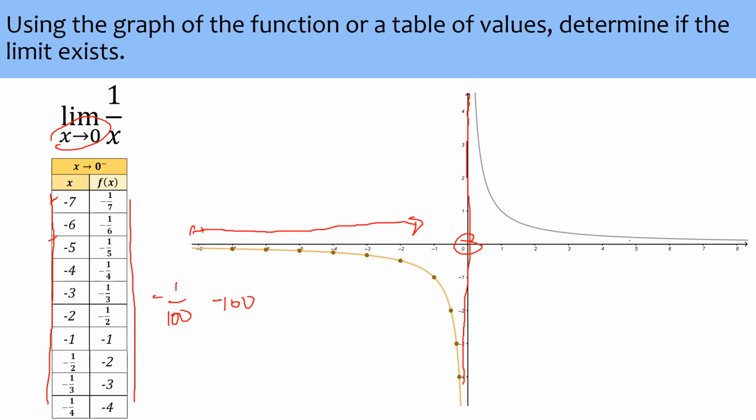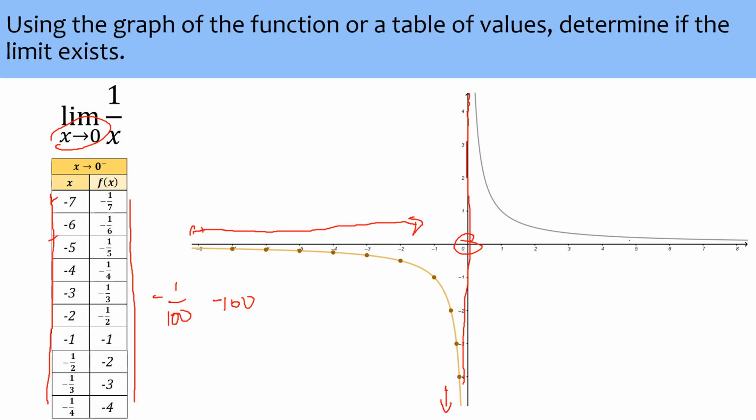The question is, as I go closer and closer to 0, what happens to the value of y? Does it mean that it would touch the y-axis? Remember from your general mathematics discussion of rational functions, the y-axis here happens to be the vertical asymptote of the function y equals 1 over x, which means that the function would just continually go in that direction without even touching the y-axis.